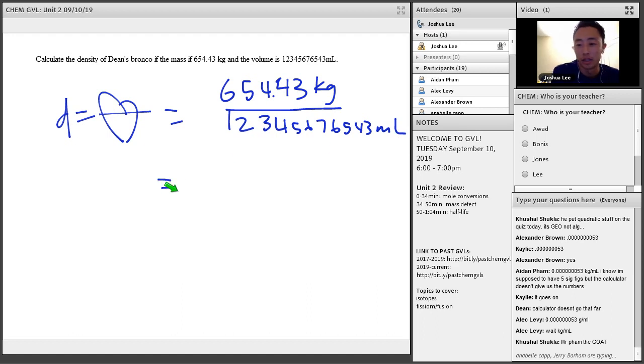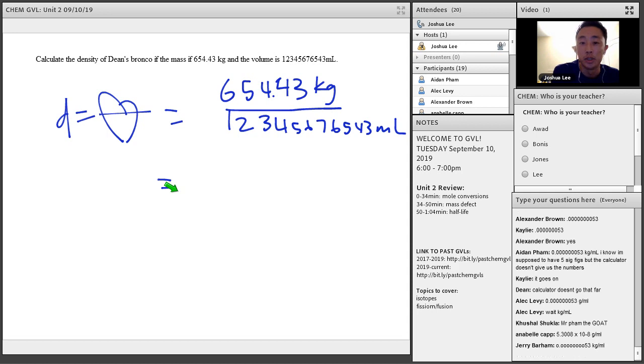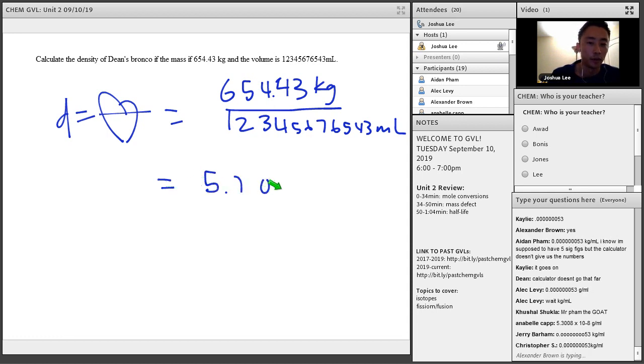654.43, but good job, Aiden, for explaining that you should have 5 sig figs, but the calculator doesn't allow you to. But Annabelle found the workaround where she probably put her calculator in scientific notation form, but her units are wrong. 654.43 divided by 1, 2, 3, 4, 5, 6, 7, 6, 5, 4, 3. Answer is 5.31288 times 10 to the negative 8th.